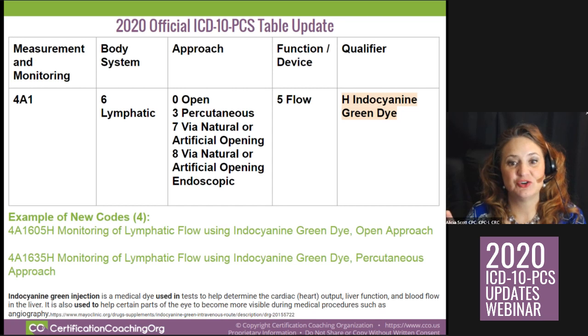Indocyanine green dye, which to me looked like cyanide, and I'm thinking, wait, what is that again? So this is actually a dye that's used to determine the cardiac output. They don't write all that, so they call it like a green pack or whatever. You know, in the medical field we abbreviate anything, but they added that as a qualifier.